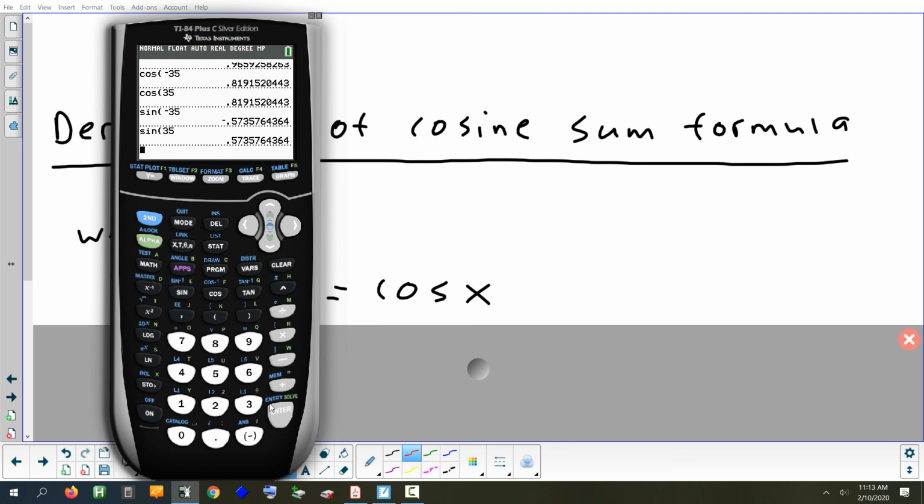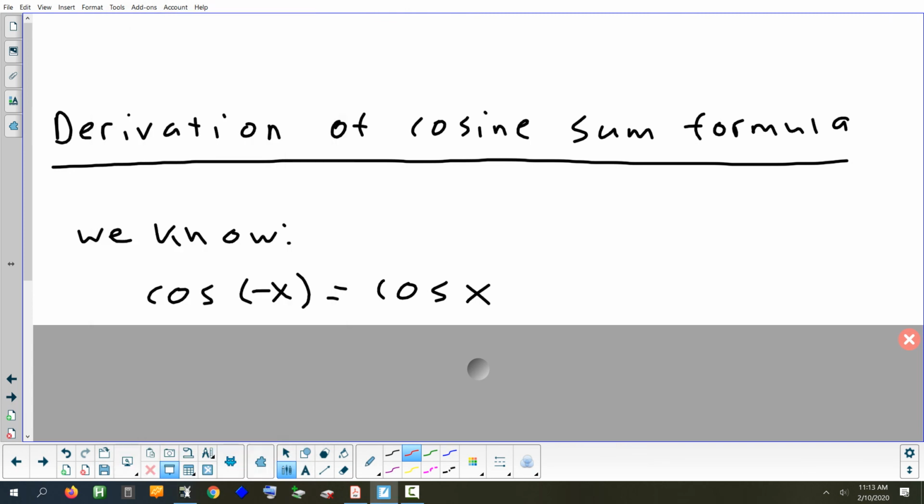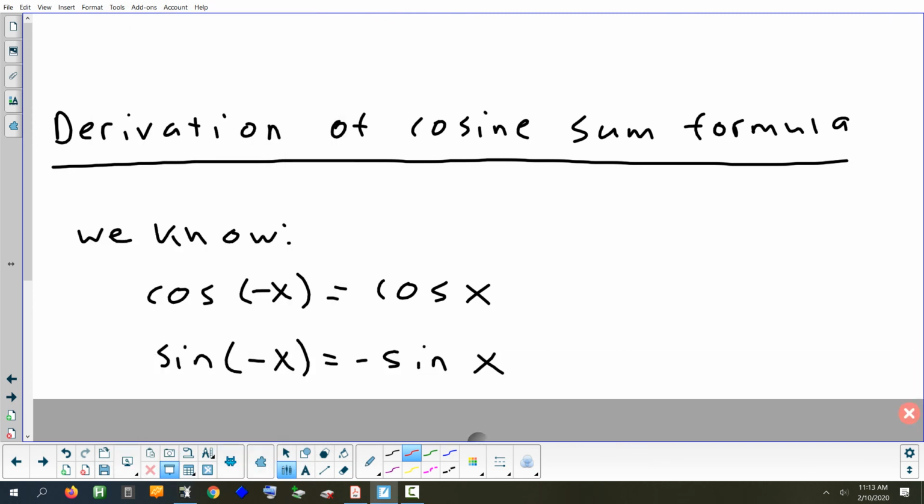No. So with sine, if you have a negative with the angle, you can't get rid of it, but what you can do is move it to the front. The sine of negative 35 is the same as the negative sine of positive 35. So with cosine, you can get rid of the negative. With sine, you're allowed to put it in front.